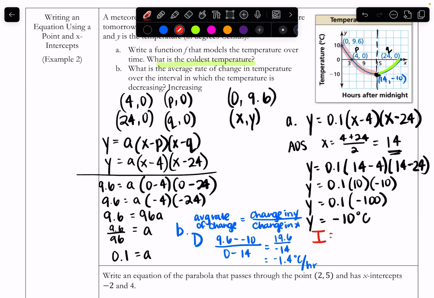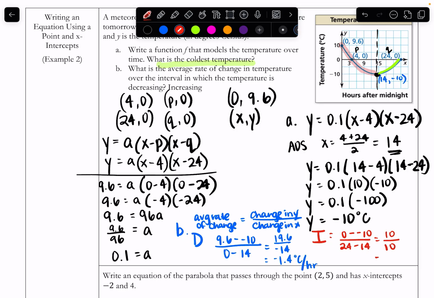All right, so I need the y's in the numerator. Okay, so this is going to be 0 minus negative 10 over the x's that go with them, 24 minus 14. And then in the numerator, I get a positive 10. In the denominator, I get another positive 10.